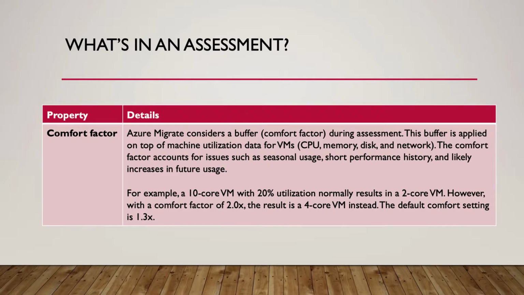The comfort factor accounts for issues such as seasonal usage, short performance history, and likely increase in future usage. For example, a 10-core VM with 20% utilization normally results in a 2-core VM. However, with a comfort factor of 2.0, the result is a 4-core VM instead. The default comfort factor is 1.3 times.